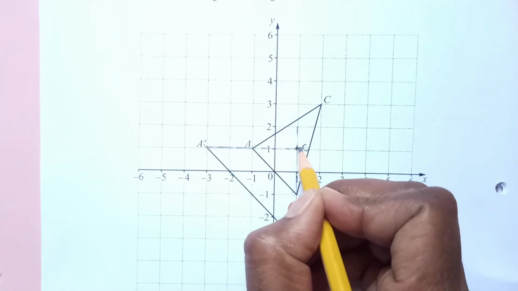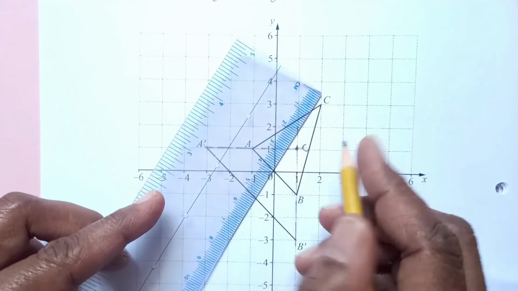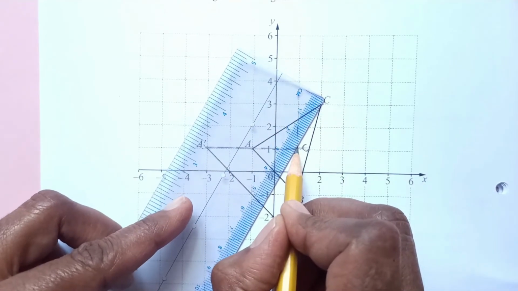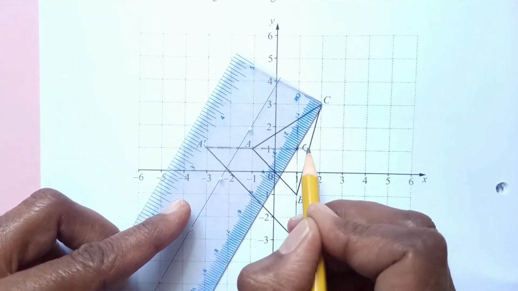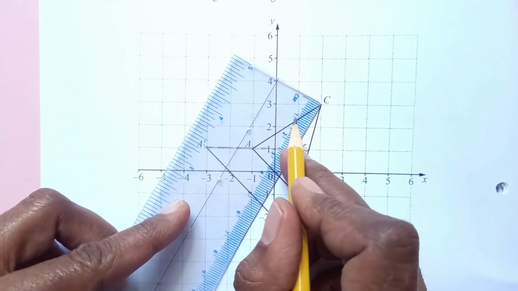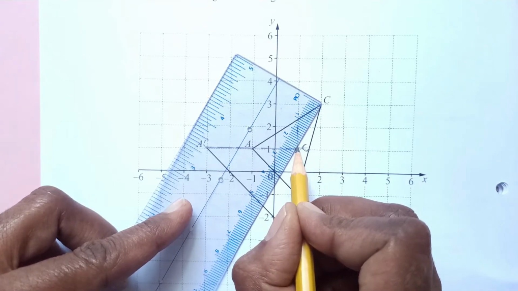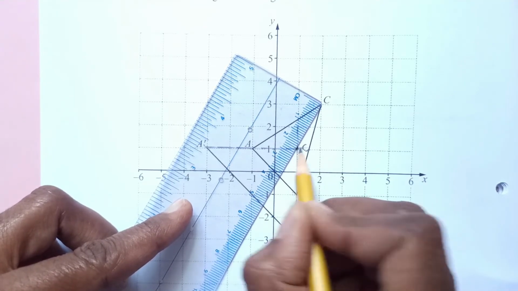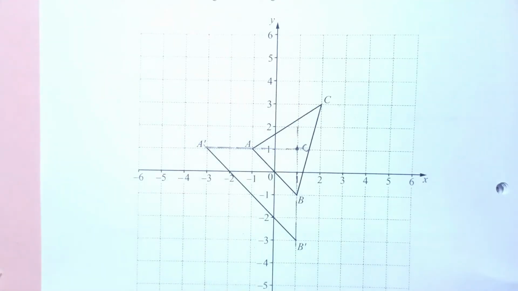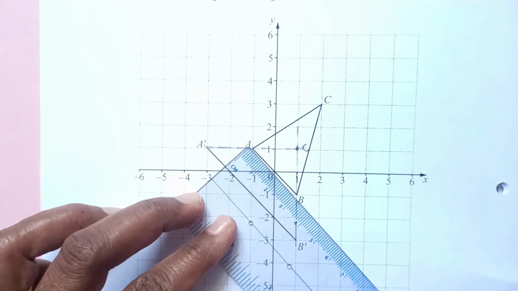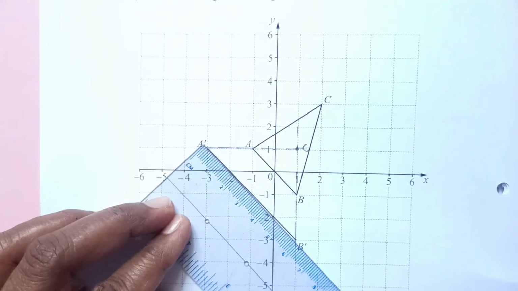So from here, you see how much this one is. From here C dash is 2 point something, which is 2.7. No, sorry, 2.2. 2.2 times the scale factor we are not given here. So from here you see this is 3 and this is going to be 6.